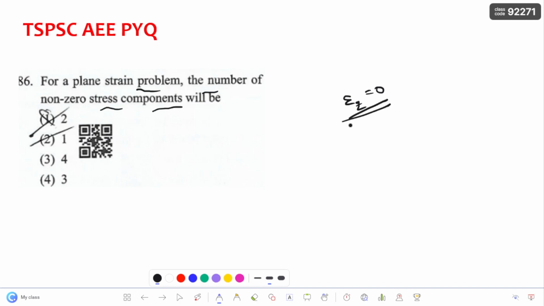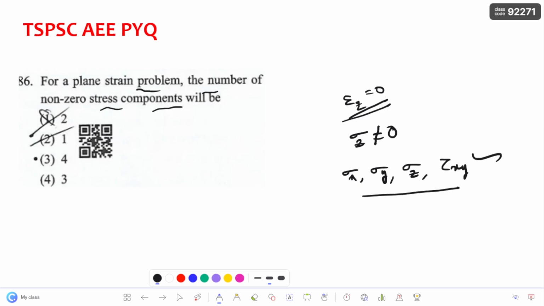But this will not imply that sigma z is equal to 0. Maybe equal to 0, but may not be equal to 0. But it should not imply directly that sigma z is 0. So we have sigma x, sigma y, sigma z, and also tau xy. Total 4 stress components are there. The answer is 4.